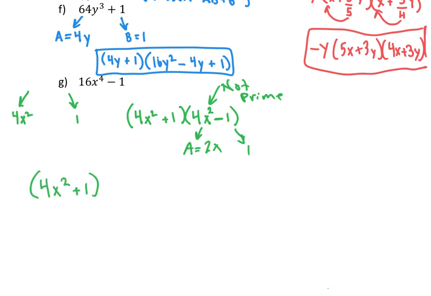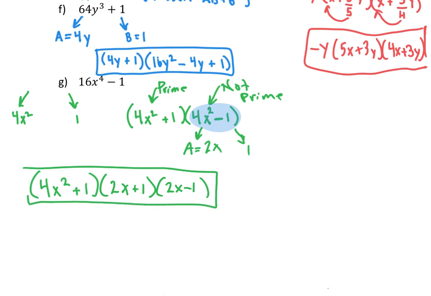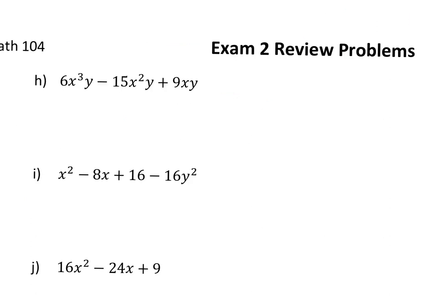I can't do anything with that. And then this 4x squared plus 1 can be factored into 2x plus 1, 2x minus 1. There we go. Okay, on to the next page.